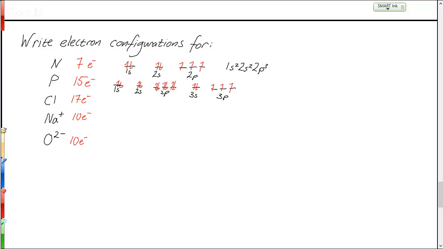So that electron configuration is 1s2, 2s2, 2p6, 3s2, 3p3. Chlorine's just 2 over, so we're going to have 2 more electrons there.